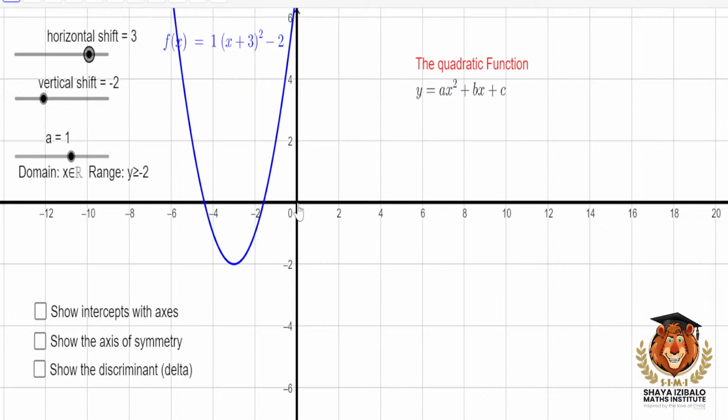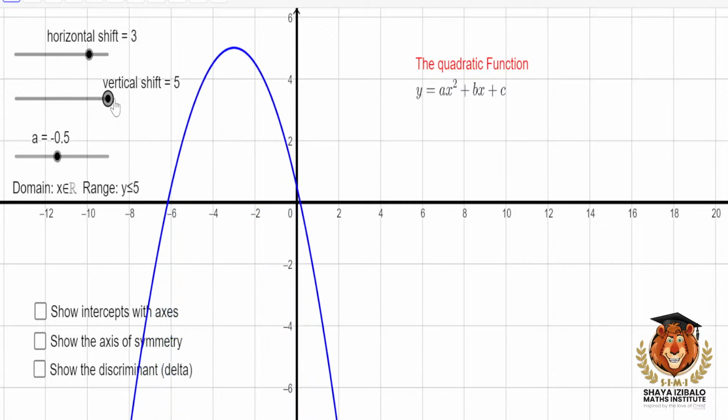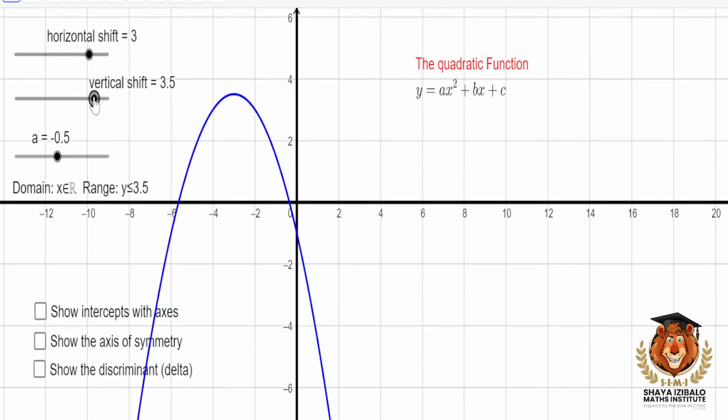If you move that point off the origin 3 to the left and 2 down, you get to -3, -2. Notice the range. The range is y bigger than or equal to that y value of the turning point. If the graph was a sad graph, a concave down graph, as it's actually better called, it would be the opposite. I'm just going to pull it up here, and we're not seeing the equation, but what we are seeing is the range. The domain, x can be anything.